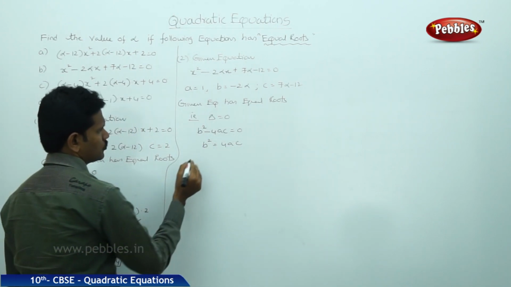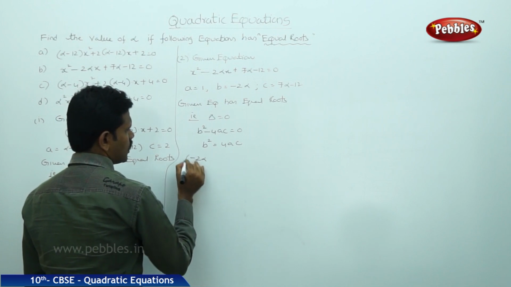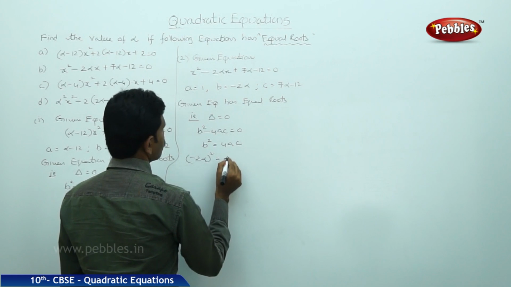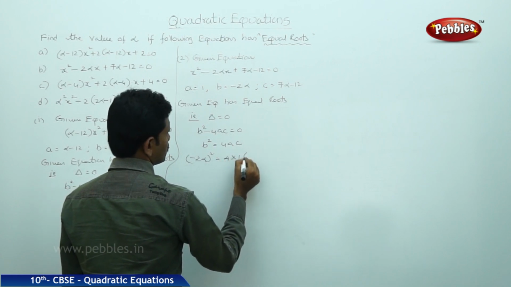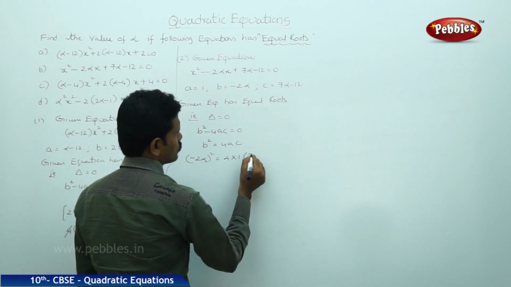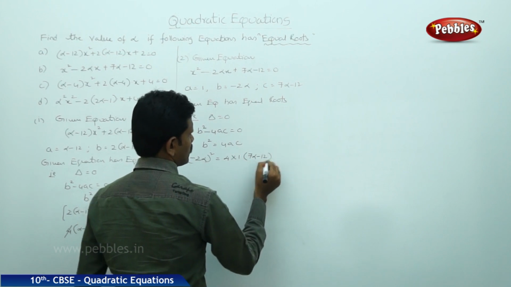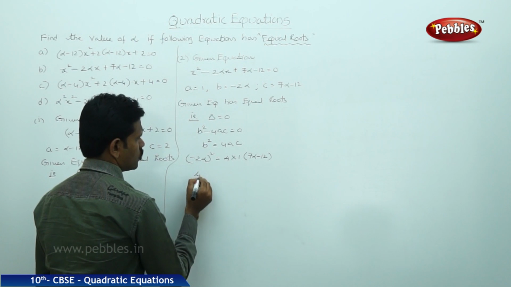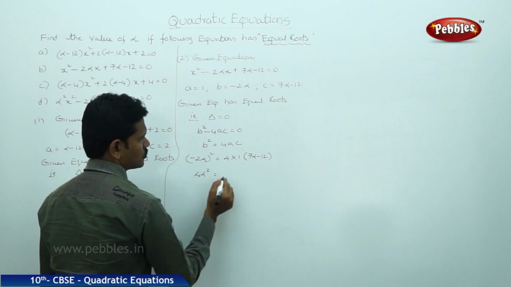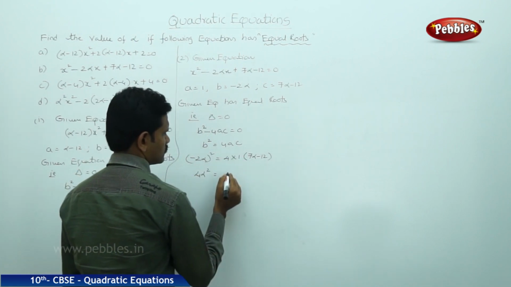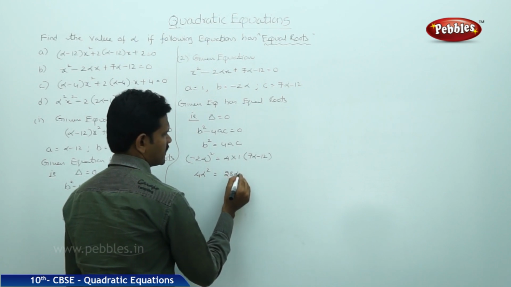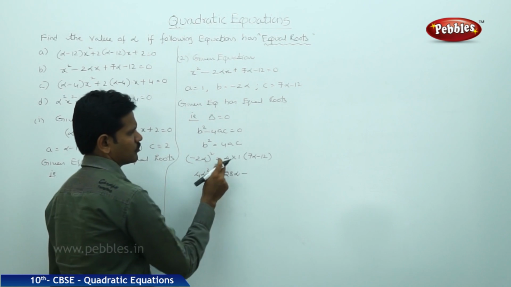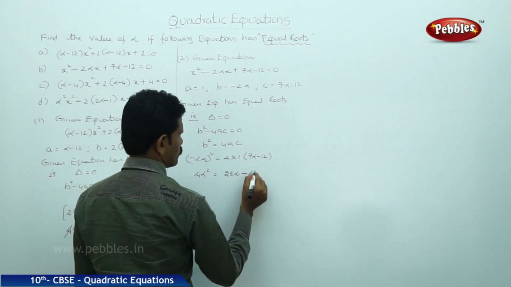Now, b value -2 alpha whole square is equal to 4 into 1 into c value 7 alpha - 12. That is 4 alpha square is equal to 4 sevens are 28 alpha minus 4 twelves are 48.